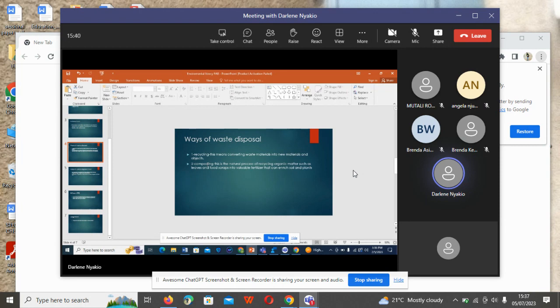For example, if you bought a tin with margarine inside, once you are done with the margarine, instead of throwing that tin away, you can use it as a soap dish in your house. That is recycling. Are we together, Rose? Yes, teacher. Okay, very good.